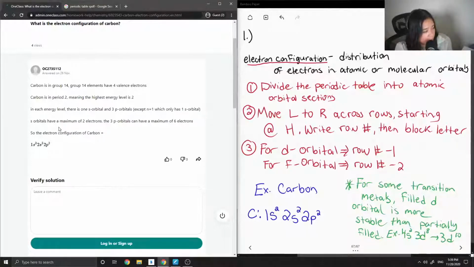S orbitals have a maximum of 2 electrons, and the 3 p orbitals can have a maximum of 6, so the electron configuration of carbon is 1s2, 2s2, 2p2. Yep, so this solution is correct.